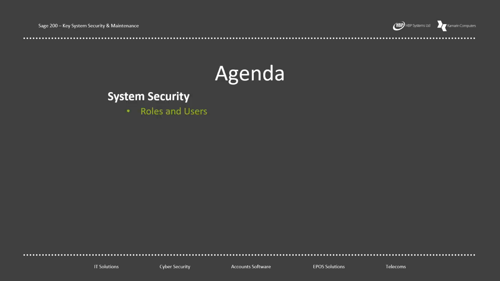So a little bit of an agenda about what we're going to cover today, just to make sure everybody is seeing what they're expecting to. We're going to start by looking at systems and security, look at how we manage user access and how we can check who's got access to what within the system, as well as looking at different audit trails that are available to see who's made changes perhaps to certain data or posted transactions in the Sage 200 system.